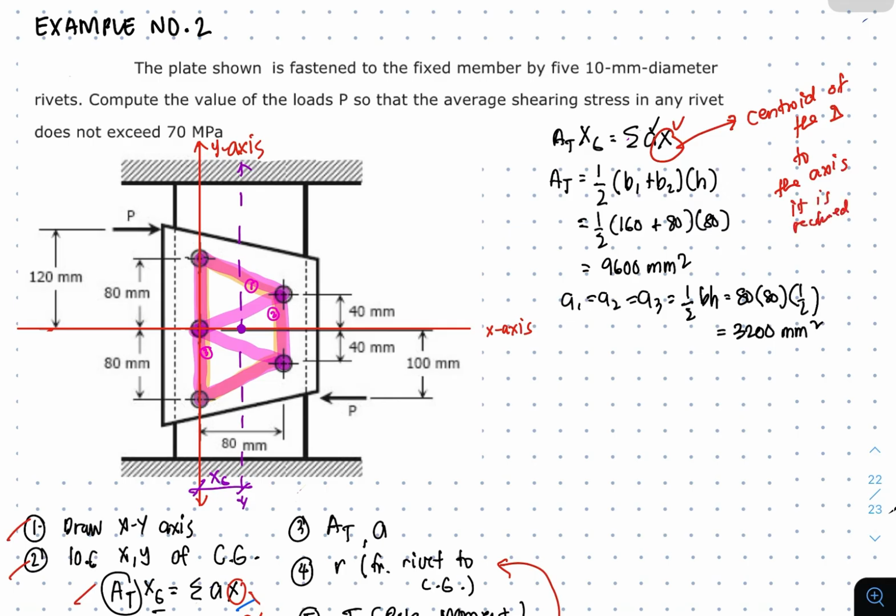So in our example, we reckoned the centroid of our triangle from the y-axis. We need to take note that in a triangle, the centroid is 1/3 of its height if measured from the base, and 2/3 of its height if measured from the apex of our triangle. 2/3 here, and 1/3 from the base.